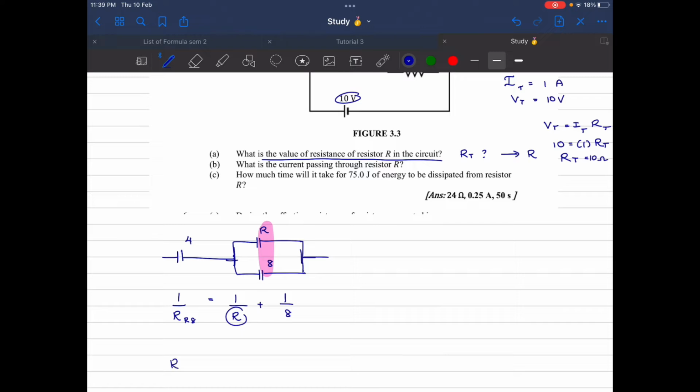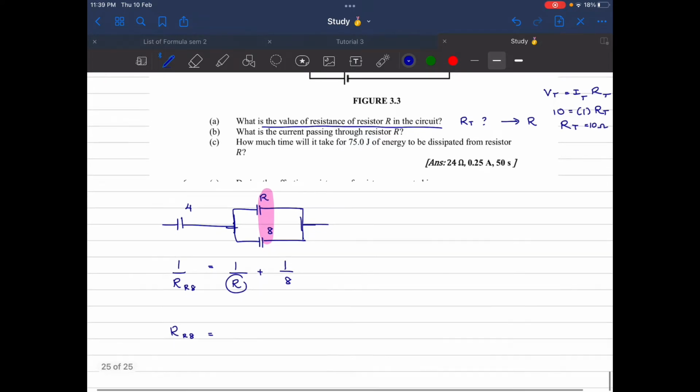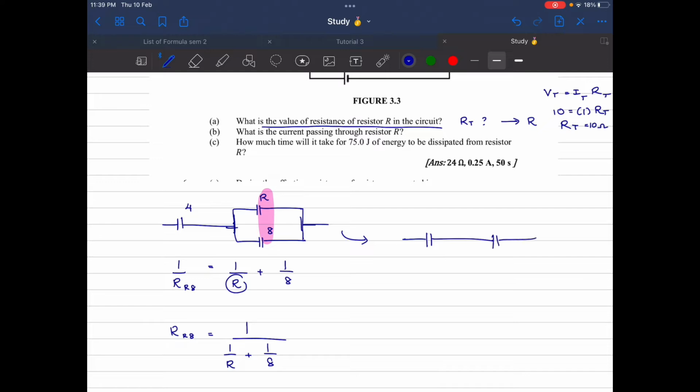So, R8 sebenarnya sama dengan 1 over R plus 1 over 8. Okay, so nanti circuit ni akan jadi macam ni pula. R number 4, R8. So, R total would then be R4 plus R8, sebab dia series kan sekarang.